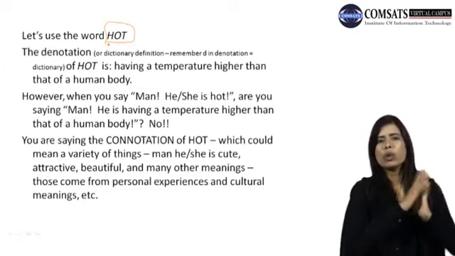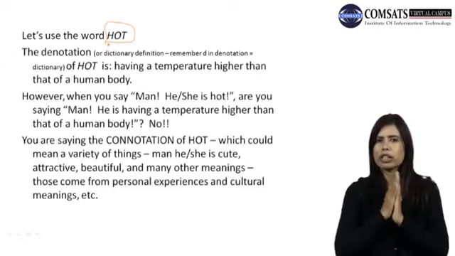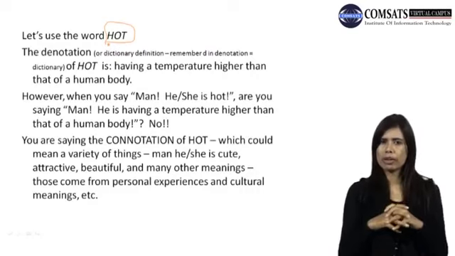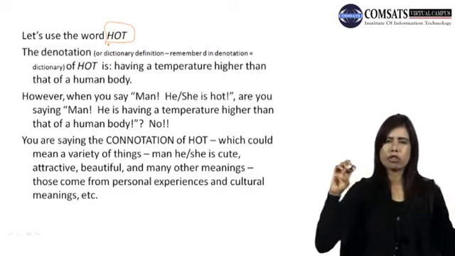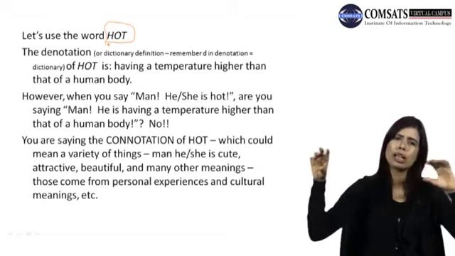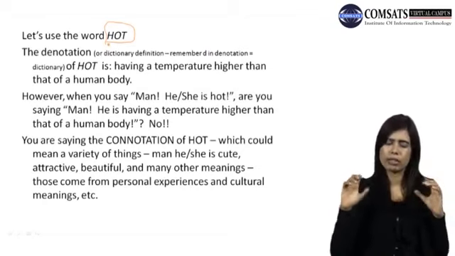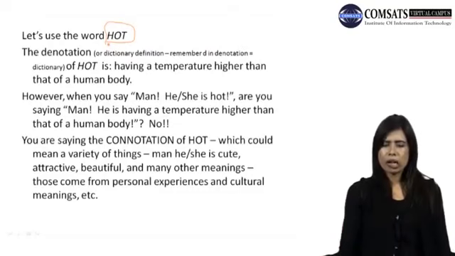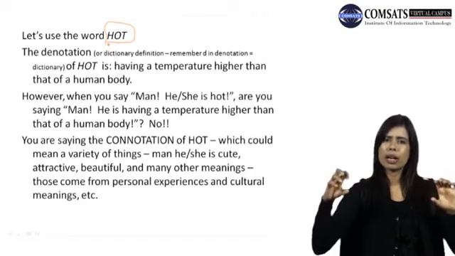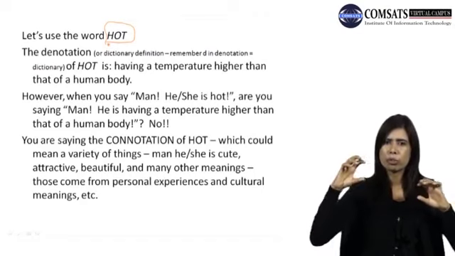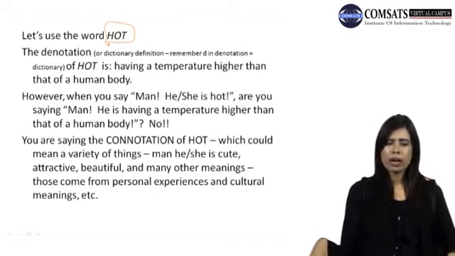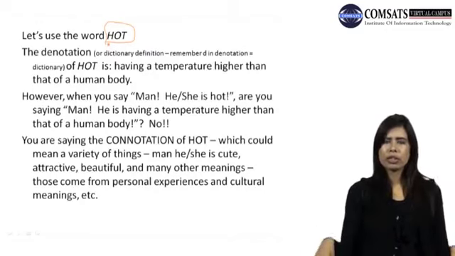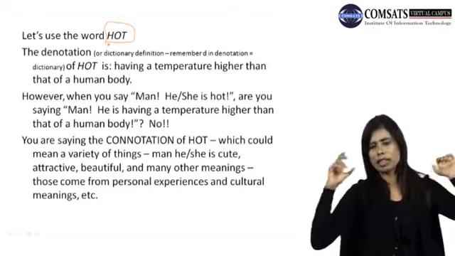If you try to find the meaning of the word hot in the dictionary, you'll find the very dictionary definition: having a temperature higher than that of a human body. So it is the temperature which is higher than the normal temperature of a human body that is known as hot. However, when you say he or she is hot, this is one example only.